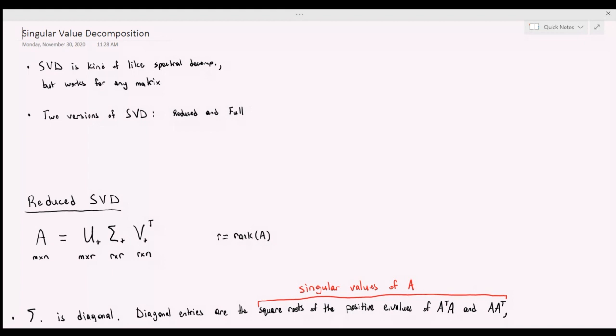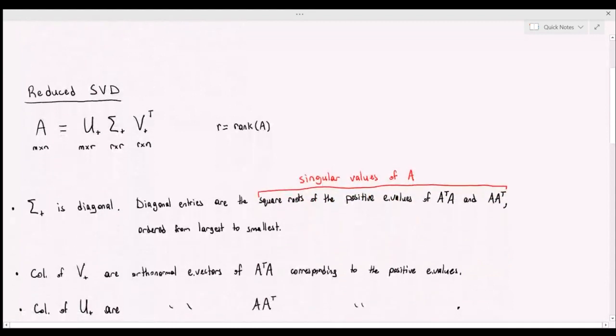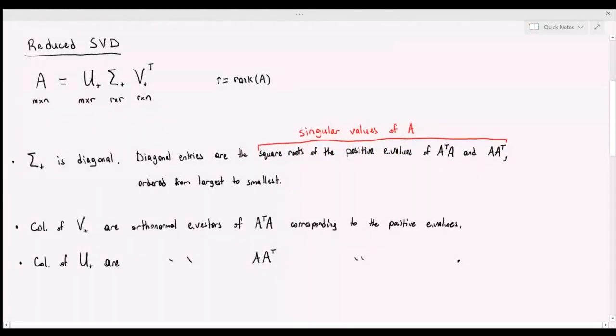So it's a little bit easier and a little bit quicker to compute, okay? So I'm going to start by talking about the reduced singular value decomposition. And then after that, I'll talk about the full singular value decomposition. Okay. So here I've already written out some of the information for the reduced SVD.